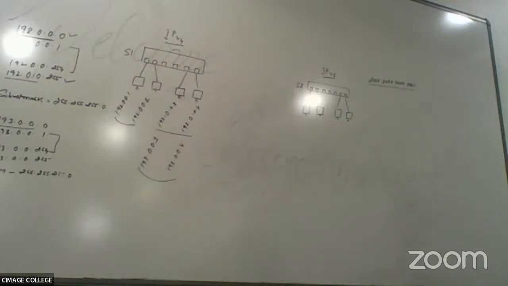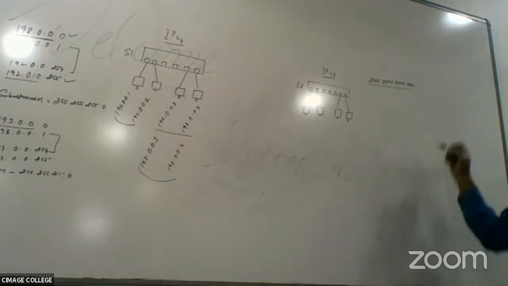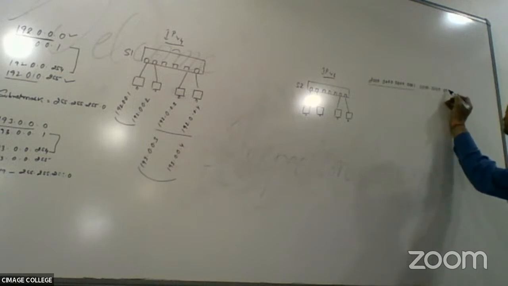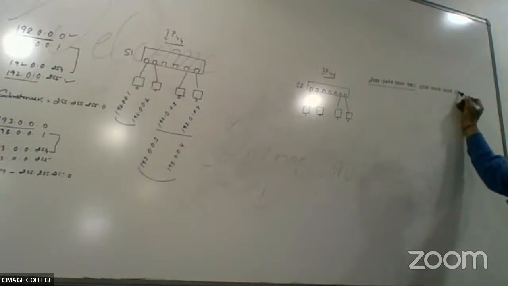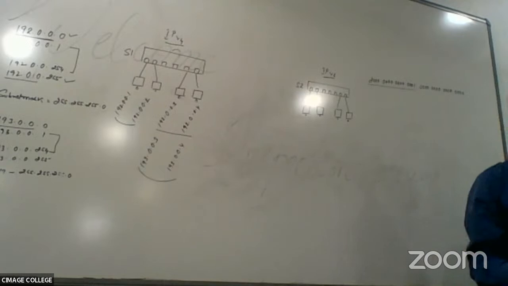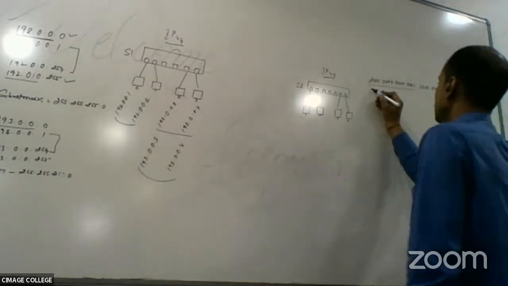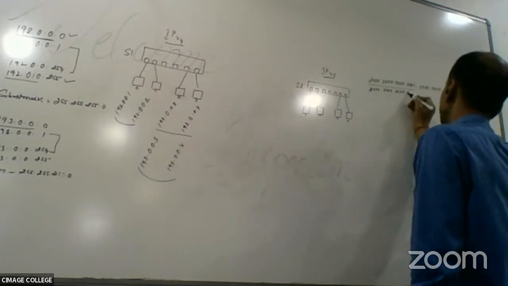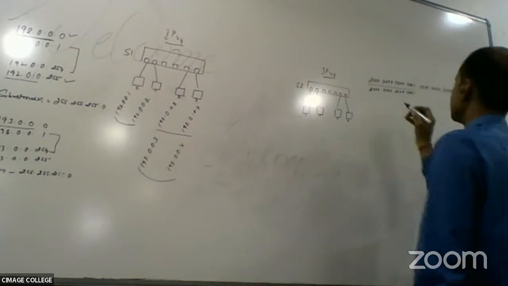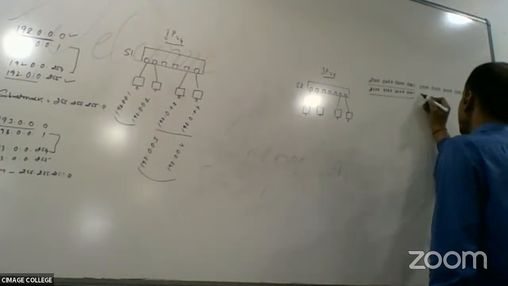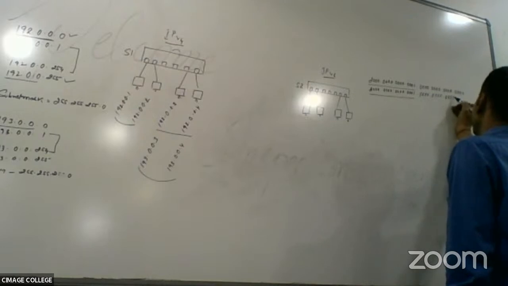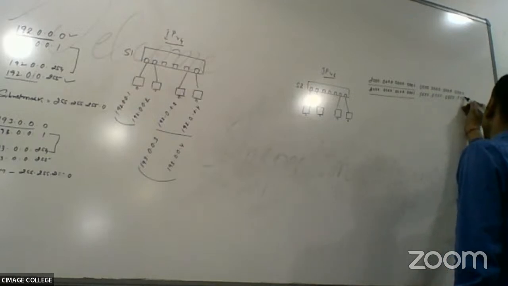Fine. Now in this network, the very first IP will be the network part followed by 1234:1234:1234:1234, and the very last IP will have the same network part, and the last value ffff:ffff:ffff:ffff.